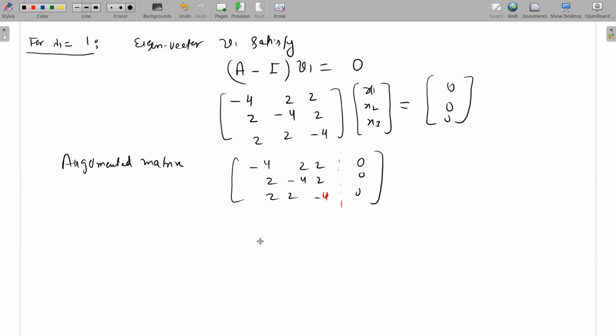So you apply transformation on both sides. Okay, so apply row transformation, etc.